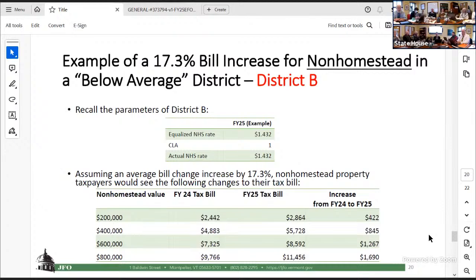And finally, the non-homestead in District B. Again, we've got a CLA of 1 and the uniform non-homestead rate. So the corresponding bill changes in this district.